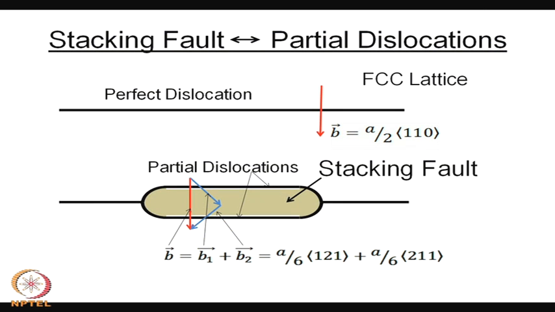Well, in addition to twin boundaries and grain boundaries, there is another type of defect, what we call the stacking faults. We have seen earlier that the atomic arrangement, the way the atoms are arranged, we can consider as a stacking of different layers of atoms.